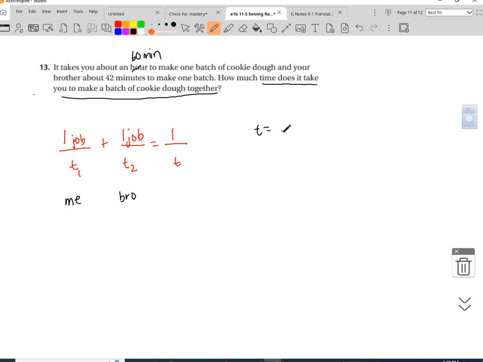So it takes me 60 minutes to do one job. It takes my brother 42 minutes to do one job. So we want to know, to do one job, how many minutes will it take? So now we have a problem that looks like the ones we've been doing.